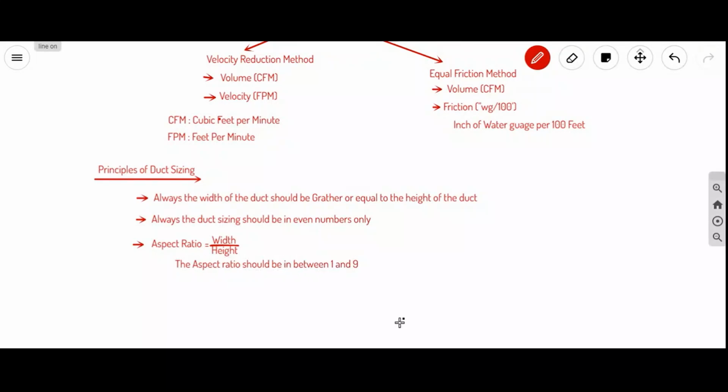The aspect ratio equal to 1 or close to 1 is the most preferred duct.